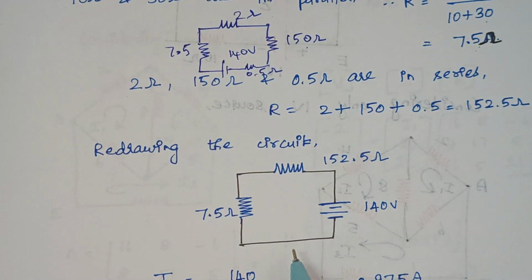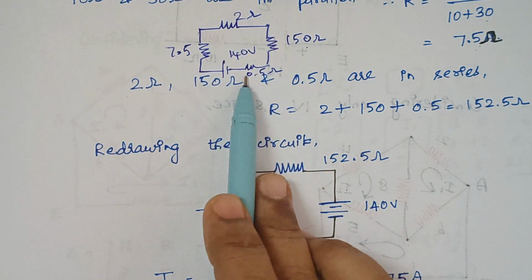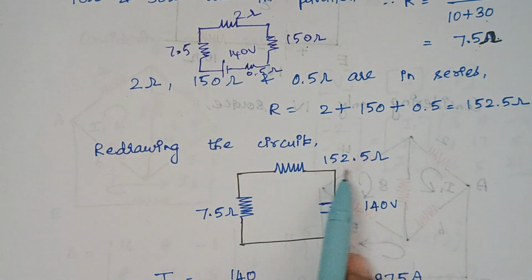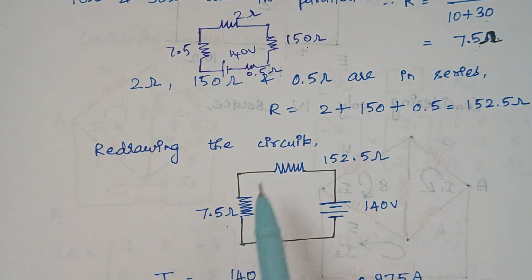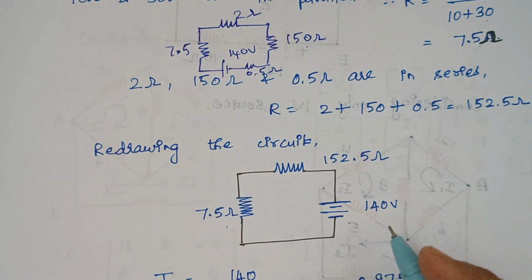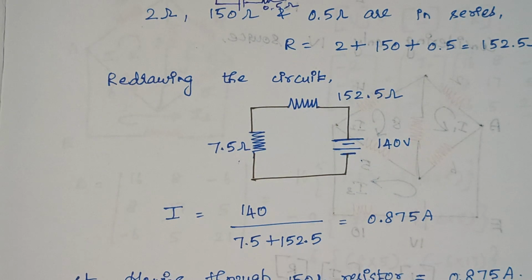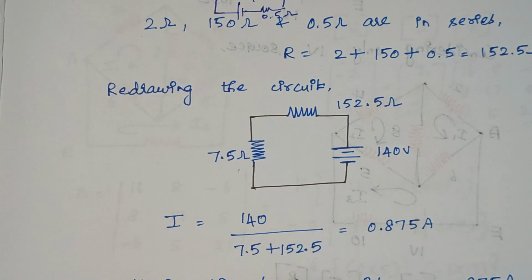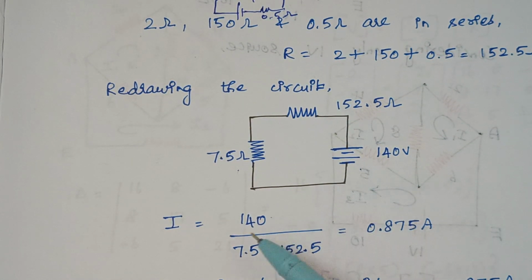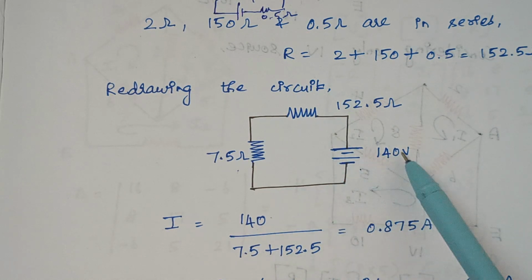When you redraw the circuit, these three resistors are combined as 152.5, with this 7.5 here and this 140 volt drawn here. Now we are going to find the current. Current I is given by V by R, where the voltage source is 140 volt and the total resistance is this. That gives the answer as 0.875 amps.